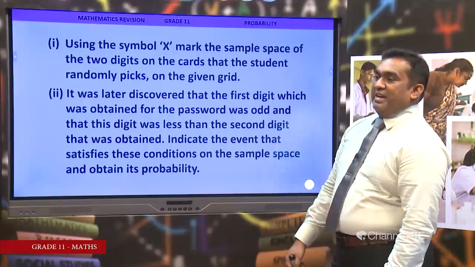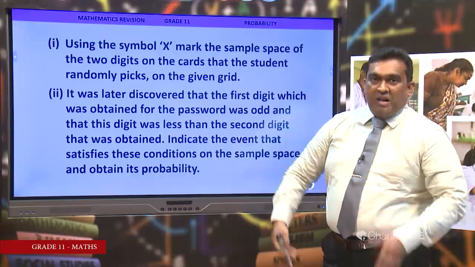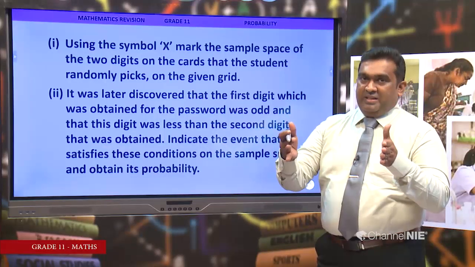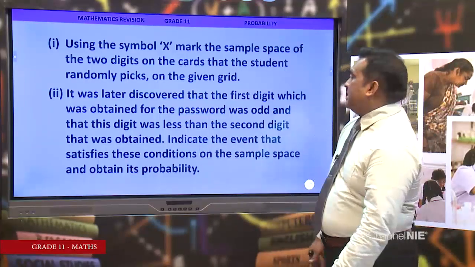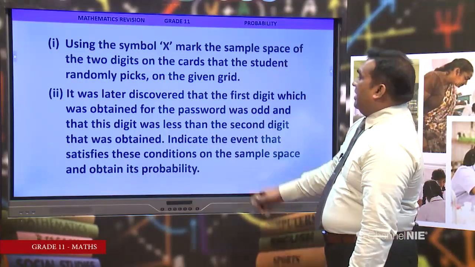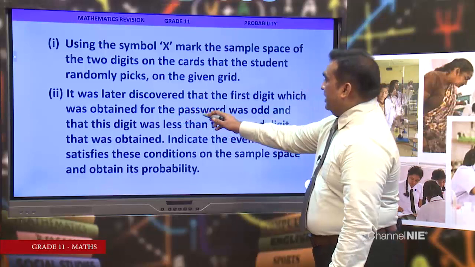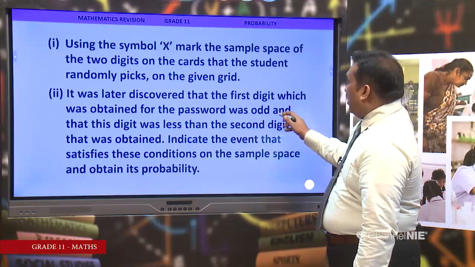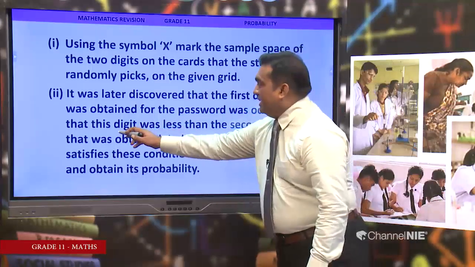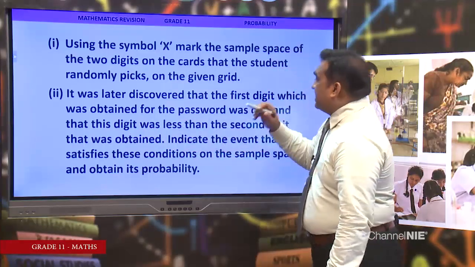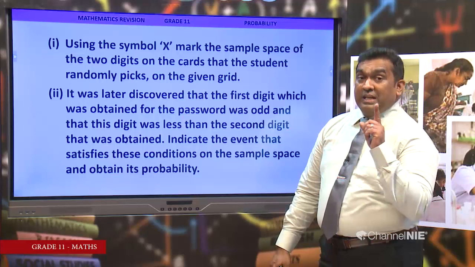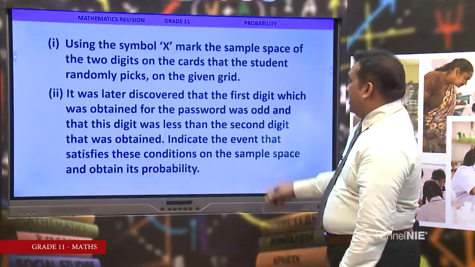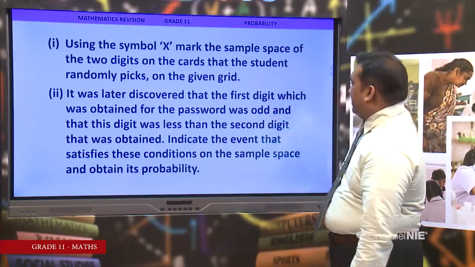What is the condition there? There is a condition. You get the essential word there. What is that? The first digit was odd and that digit was less than the second digit.